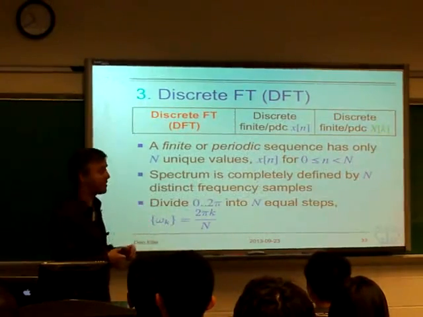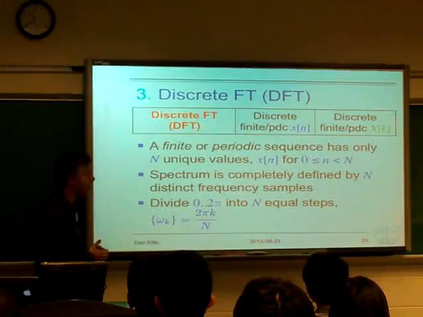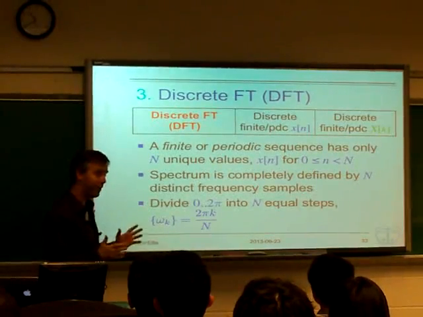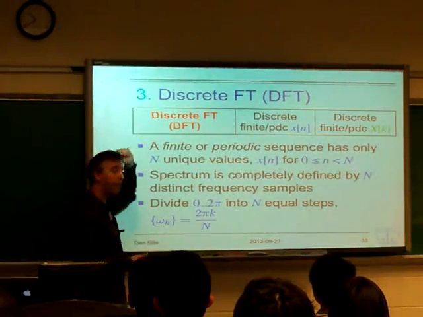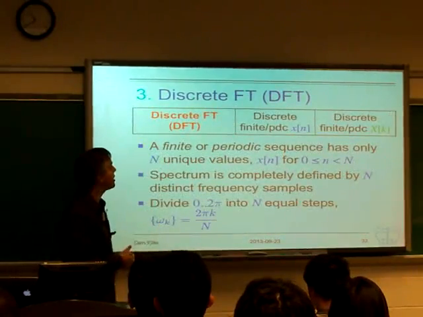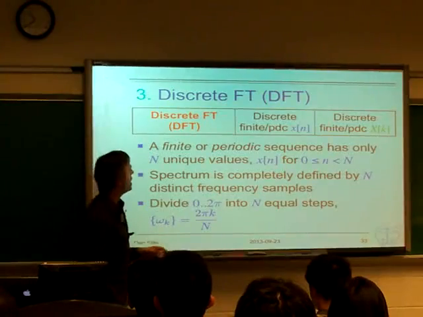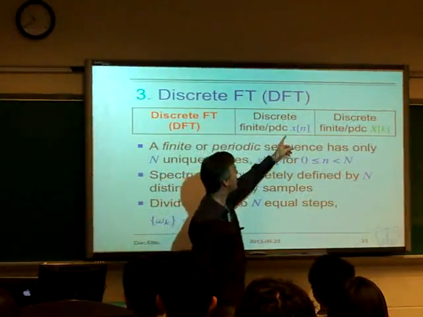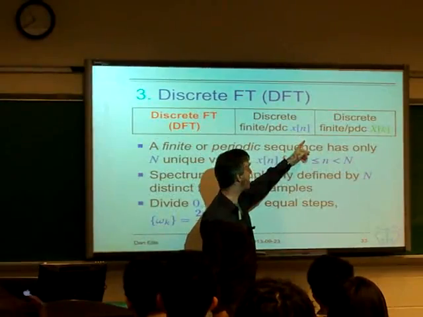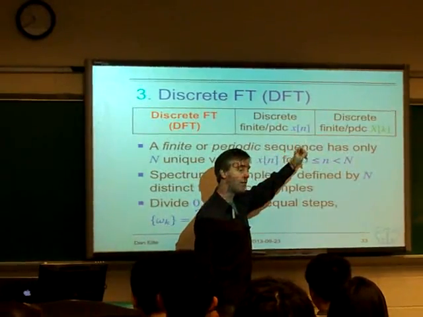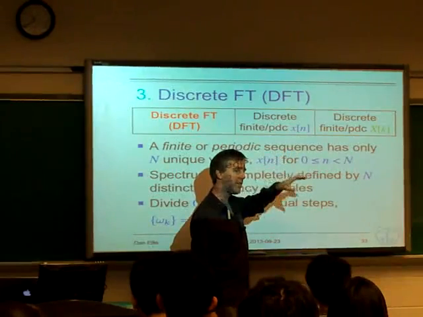And here's a good candidate. The discrete Fourier transform, not the discrete time Fourier transform, but the fully discrete Fourier transform, was the fourth row in that table we had of the 4 different kinds of Fourier transforms. And it operates on a discrete sequence x of n, but the x of n is also finite dimensional.